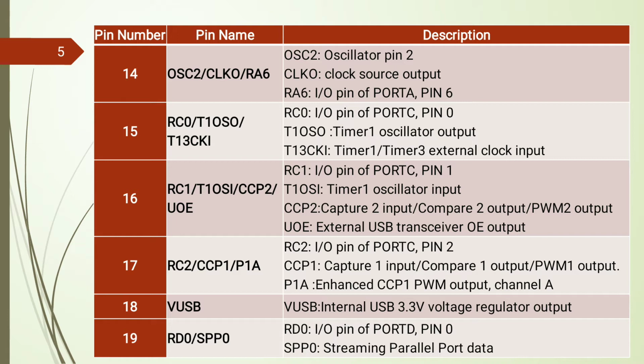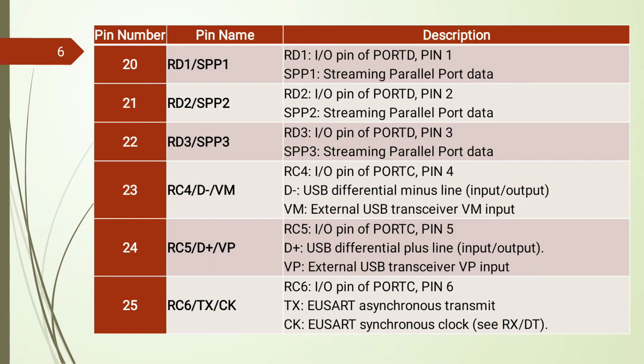After that, port D starts with SPP, an additional pin function similar to the additional pin function in 16F, that is PSP, parallel slave port. Here the streaming parallel port data is similar, but some advanced features are there. All the streaming parallel port data pins are available on port D itself.